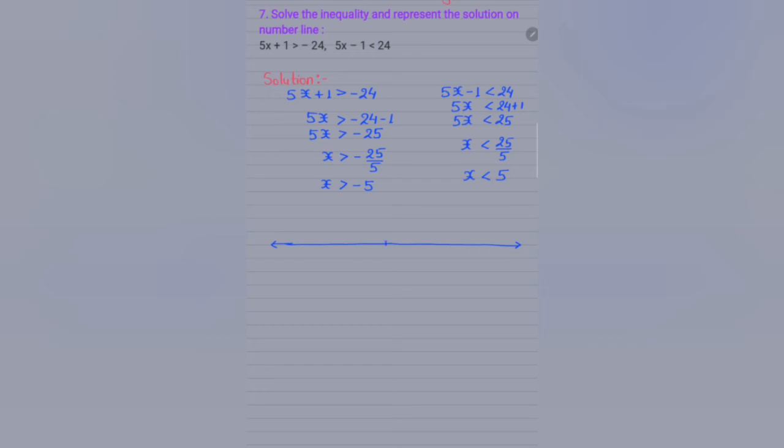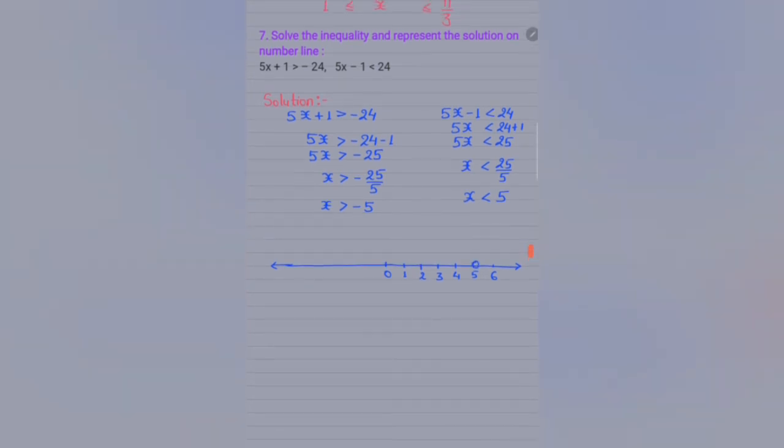This is the center 0. On the left hand side 1, 2, 3, 4, then 5 and 6. On 5 we will make a hollow circle.